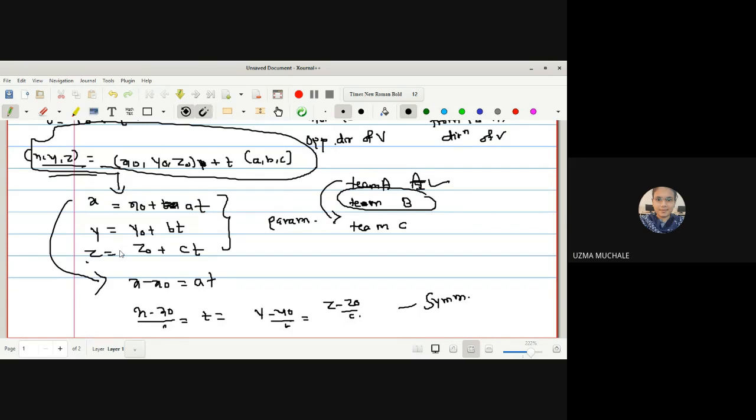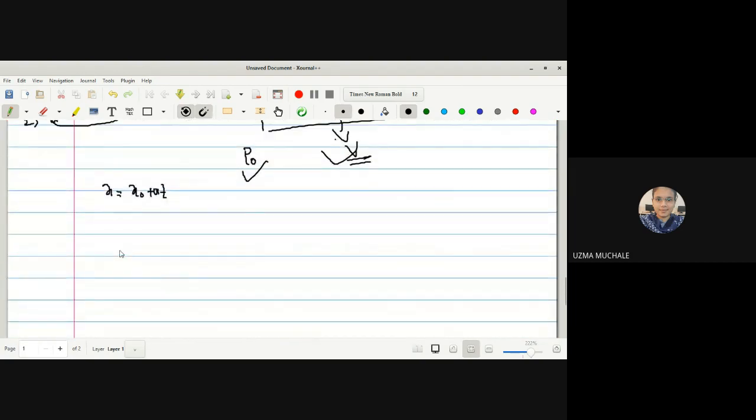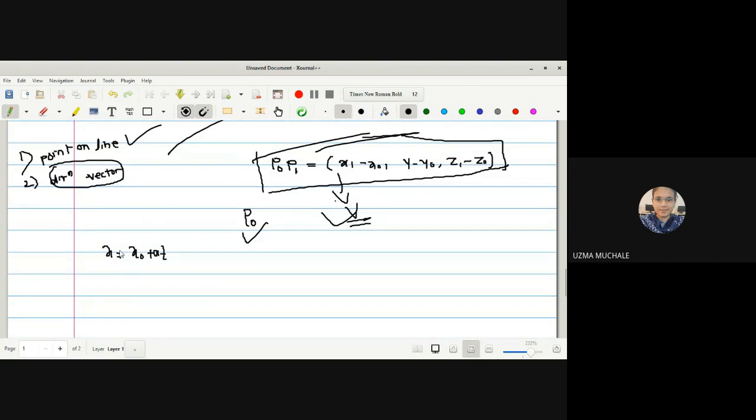Right? So what do we have in our hand in the second part? In the second part, A, B, C is not given to us, right? That means the direction vector B is not given to us. So here what we have to do is find the value of B with the help of the first two coordinates. So instead of this equation, I can write X is equal to X naught plus T as it is, and instead of A we can write X1 minus X0.